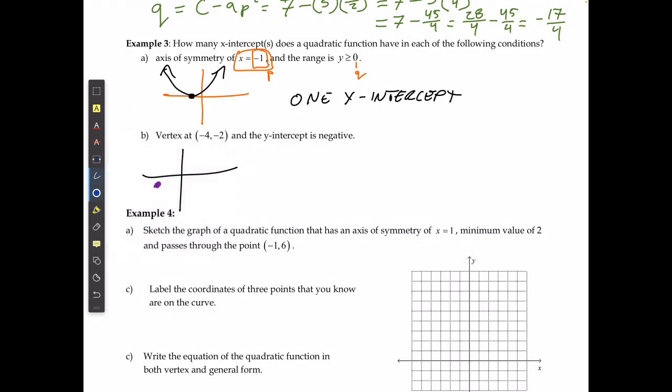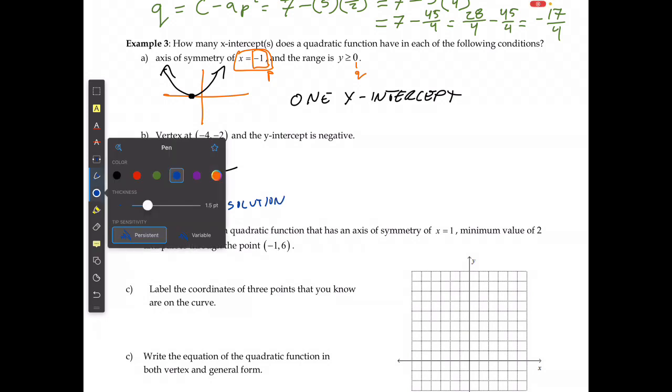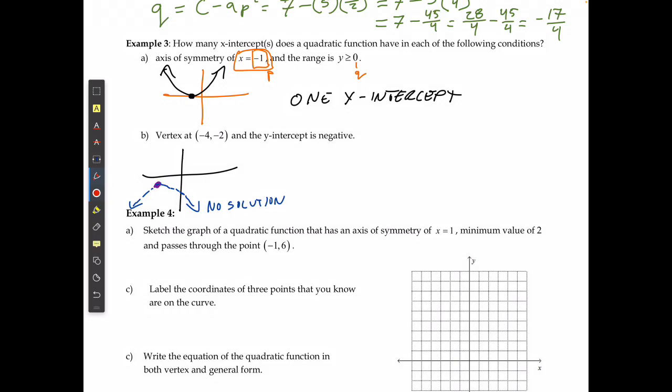Either it could have a negative y-intercept that is below the vertex, open downwards, and have no solution. Or it could have a negative y-intercept that's still higher than where the vertex occurs, and have two x-intercepts.